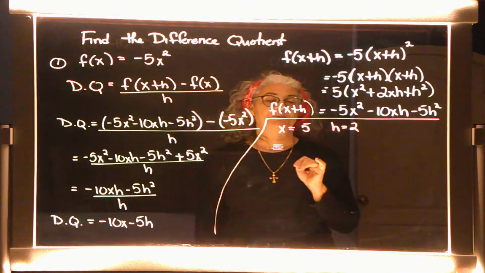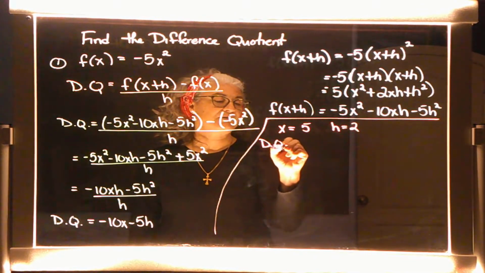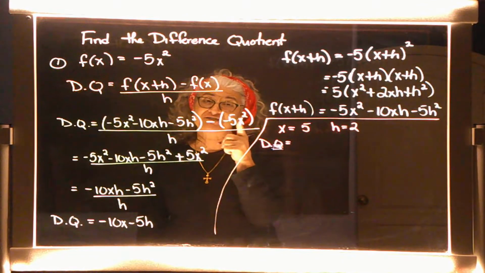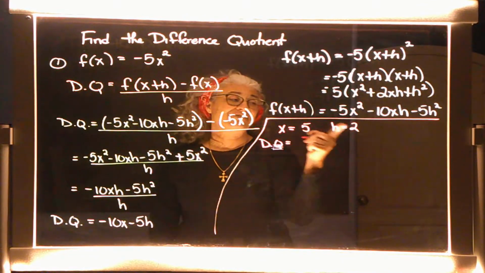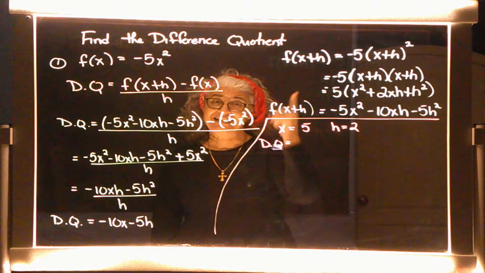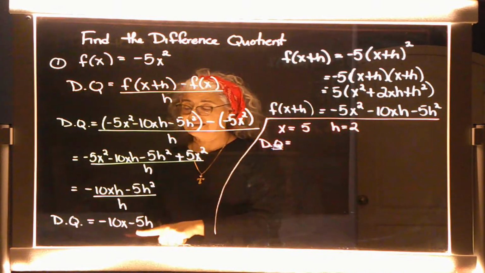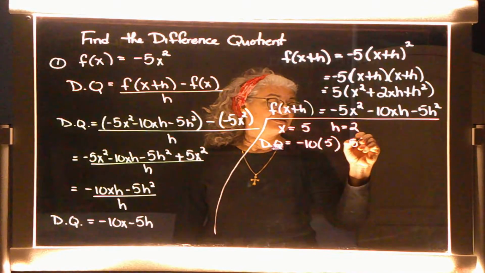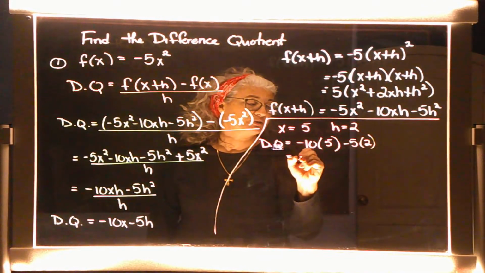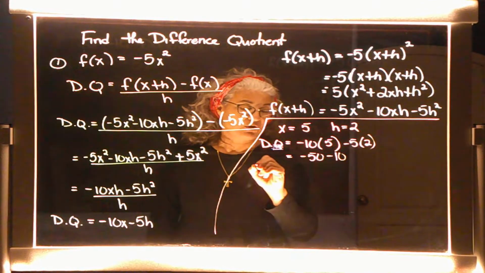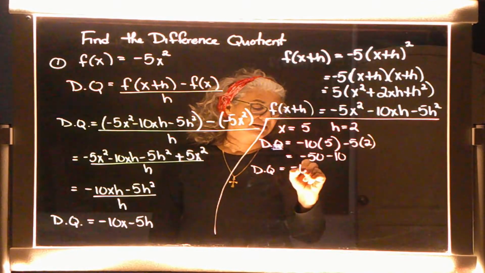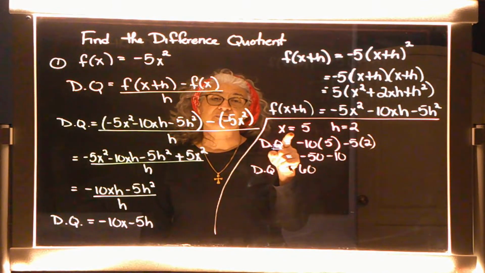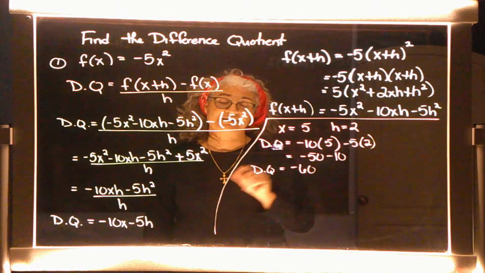Got it? Okay. The difference quotient would tell me that to find the slope, to find the average rate of change between this x and the x that's 2 spaces down, to find that average rate of change on that secant line, I would simply take negative 10 times 5 minus 5 times 2, which would give me negative 50 minus 10, which tells me that the average rate of change for that secant line between this x value and the x value 2 doors down is negative 60.